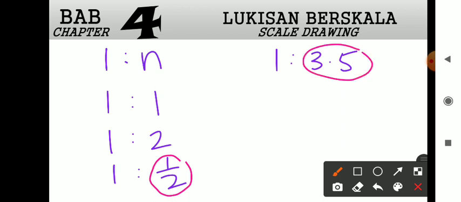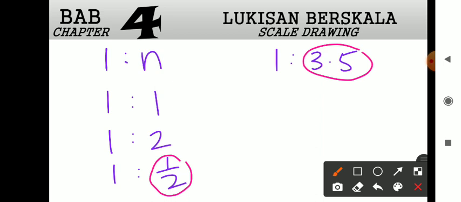You see, you can use fraction or even decimals. Okay. If you are a little bit observant, you can make conclusion kan? Tadi ratio tidak boleh ada pecahan, this fraction and decimals. Okay, now for scale drawing, you can do it this way. Ada boleh guna half, boleh guna 3.5, 0.5.